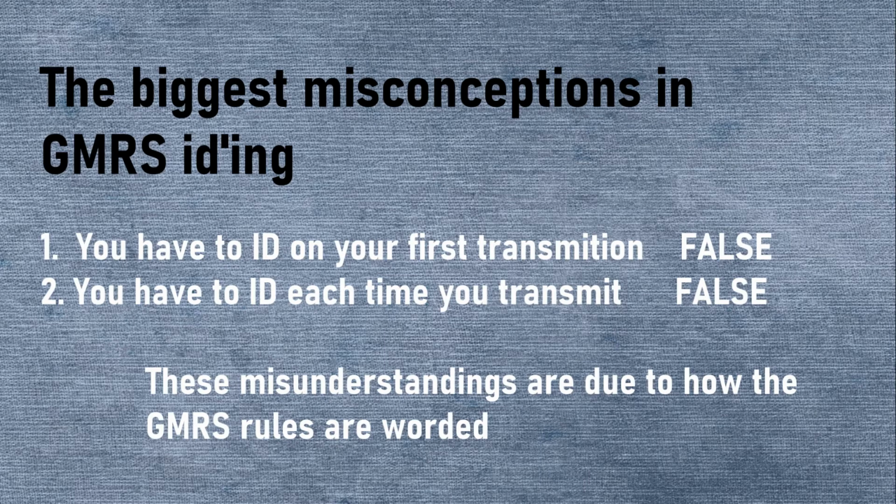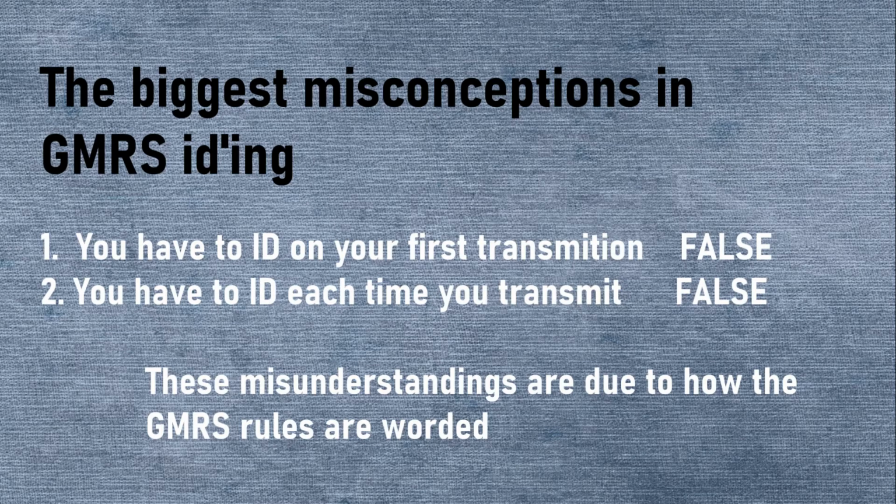That is false. I think one of the reasons for that, besides the rules, is that it's one of the ways that amateur radio operators make a contact through a repeater, by using their call sign. It's not required that you call sign on your first transmission.